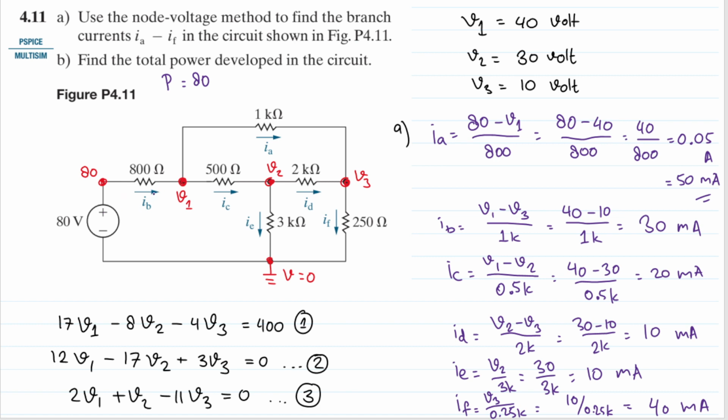Because all the current will be equal to this one here. So we need to multiply this by IB, which is 30 milliampere. So we will have 2400, and the unit here is milliwatt, or 2.4 watt. And this is the answer for question B.